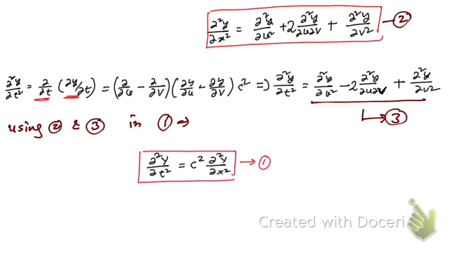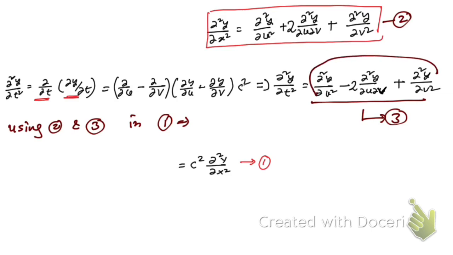So now just wait. Okay, now let me remove this and let us put this value here. Then what we're going to have, so instead of this we will get this part. Let me bring it here.